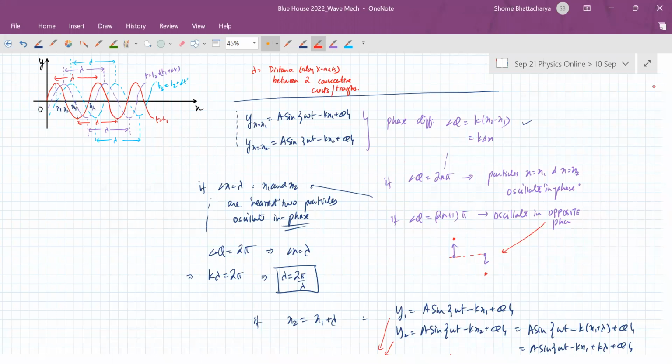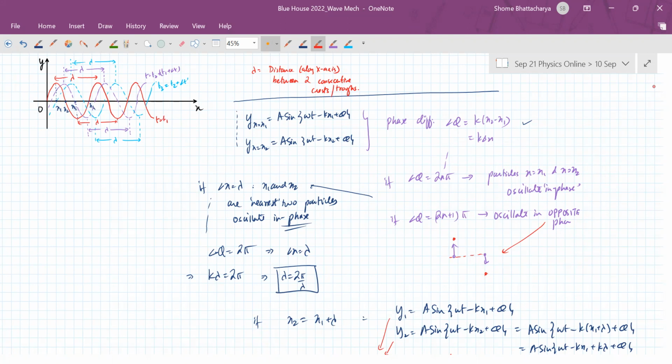Okay, understood. So that's the way to define the wavelength in terms of particles which are in phase. So that is delta x equal to lambda. If the phase difference delta phi is 2 pi, then that means delta x is equal to lambda.